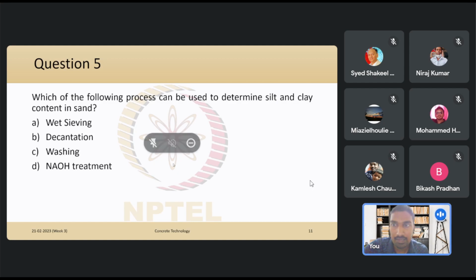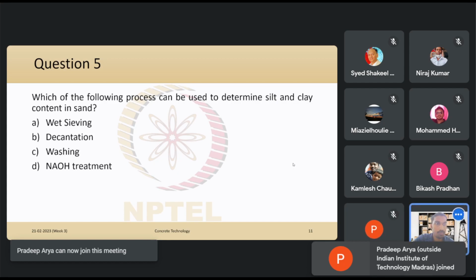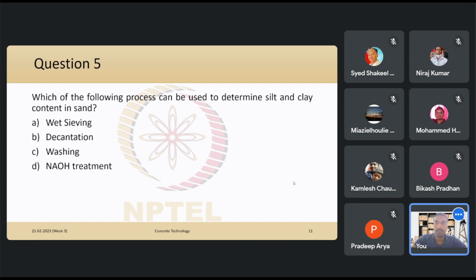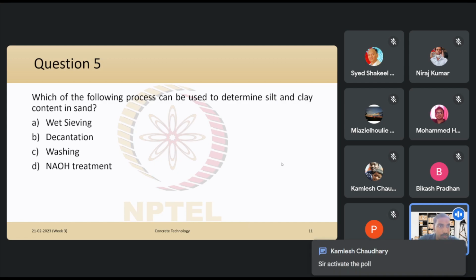The options are wet sieving, decantation, washing, NaOH treatment. Yeah, the poll is activated for question 5.